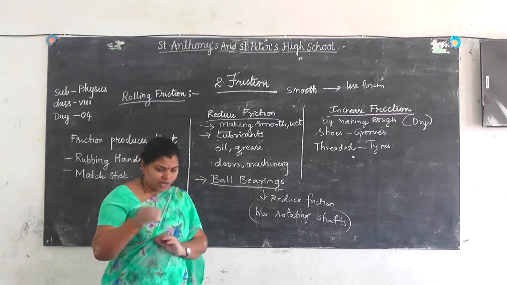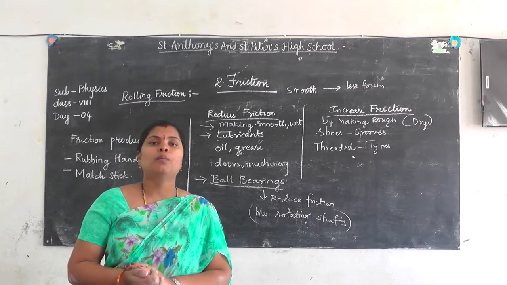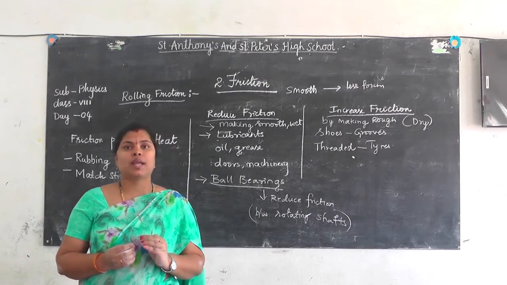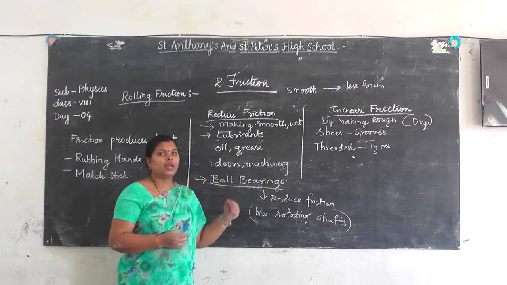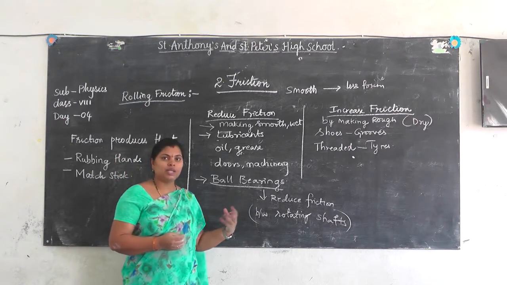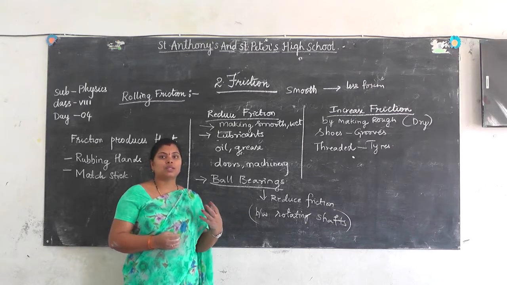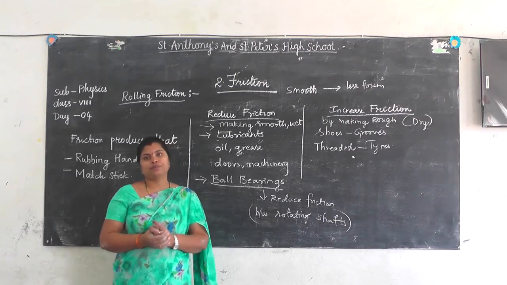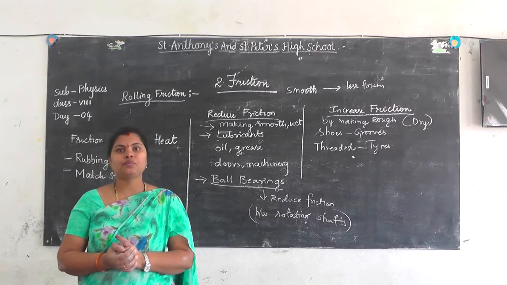The next way of reducing friction is ball bearings. Ball bearings are the most important way to reduce friction, because in most of the machinery industries and factories, in running the machinery, ball bearings help us to reduce the friction. What are ball bearings actually?